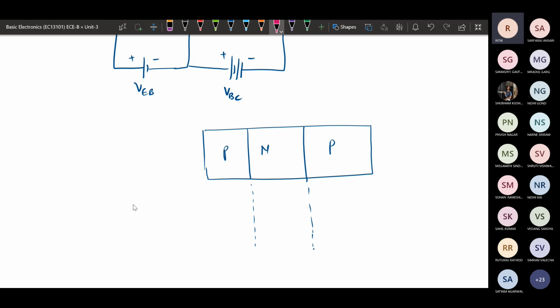The emitter junction is forward biased and the collector junction is reverse biased. In forward bias, the depletion width will be very small at the emitter junction, but in reverse bias, the depletion width will be high. So here this will be the depletion width.